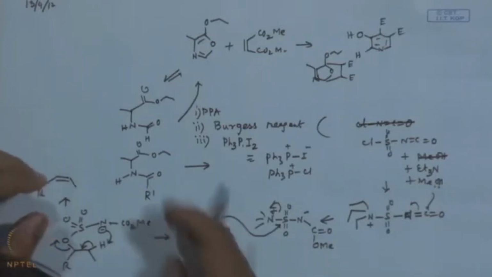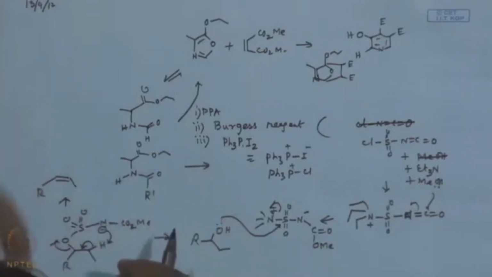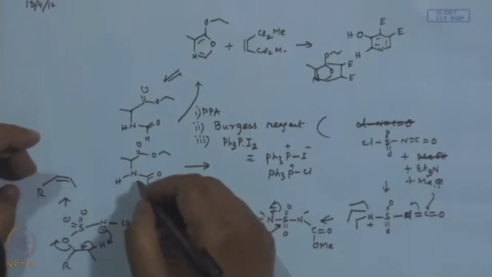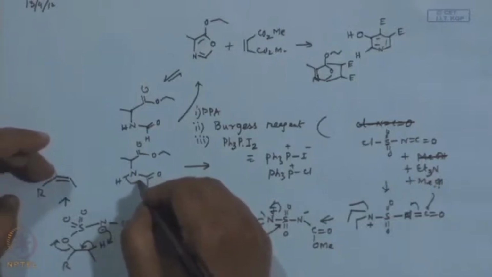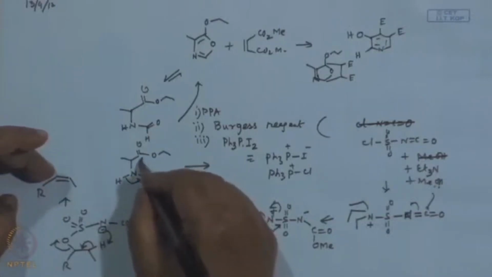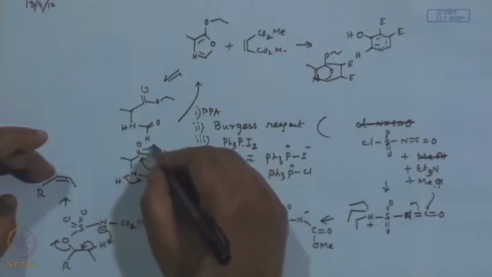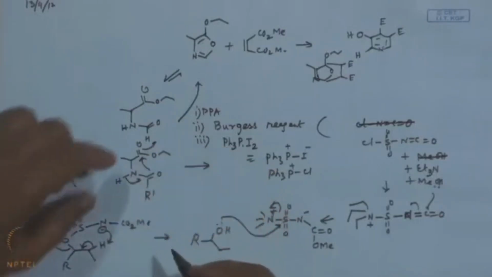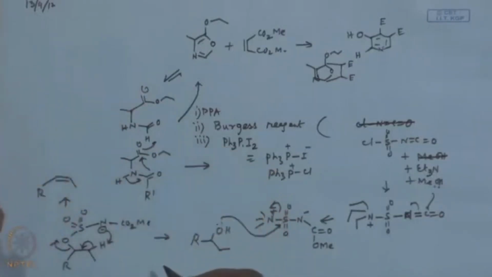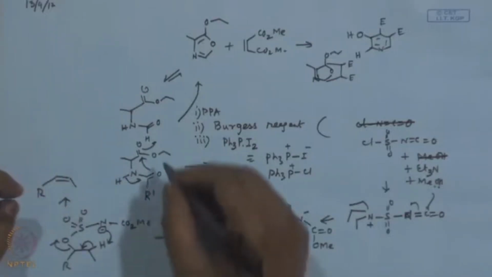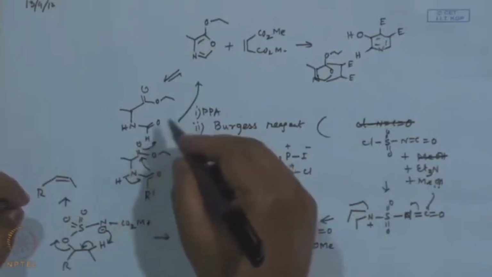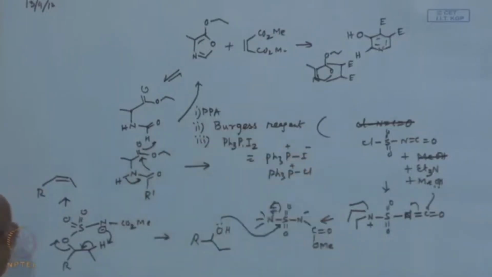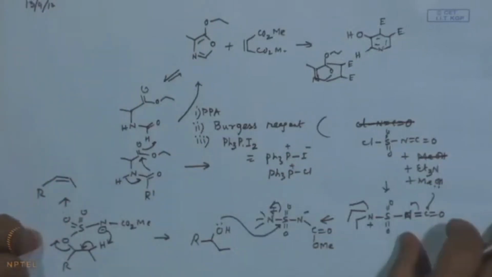Exactly the same thing happens here, but in this case the activation of NH is done by this. If you look at this mechanism, eventually water is eliminated. So, if you have a cyclic ketal or hemiacetal, that would undergo elimination to provide the corresponding oxazole derivative. This is one way of doing it.